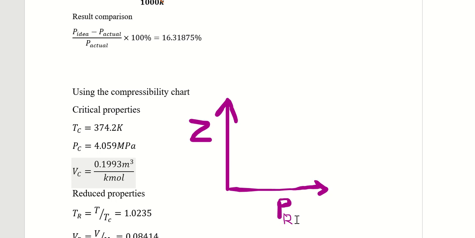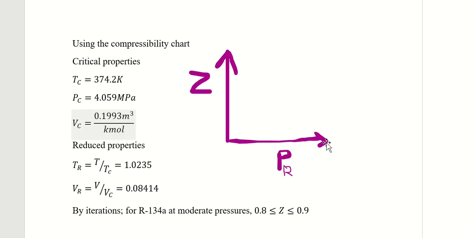Someone would say, so what are you saying? They're telling us to find the pressure using the compressibility chart. To use the chart, you must have reduced pressure. But to find reduced pressure, you must have calculated pressure. So what do we do? We're going to use something called iterations, like an assumption.